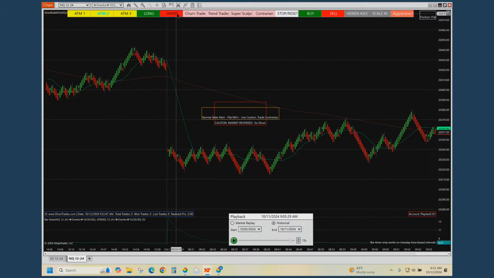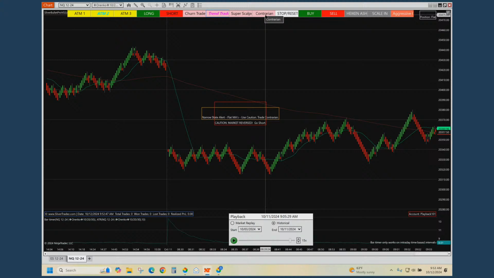So again, I will use the long and short buttons, but now since the market has moved out of a consolidation and is trending upwards, I would use a different strategy called trend trades. Earlier, I had used contrarian.